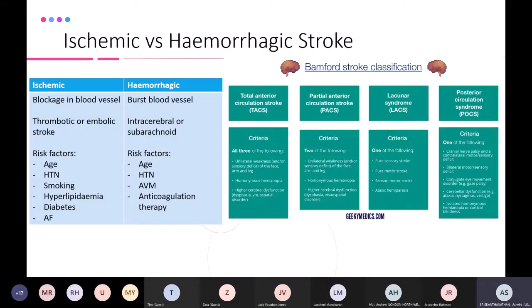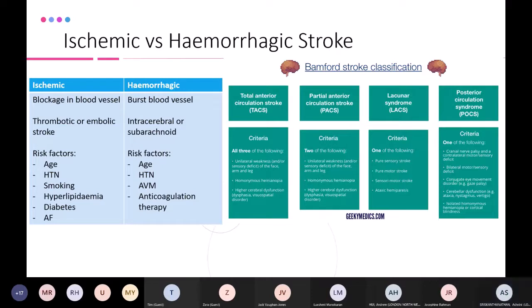And then this is the other one that you want to know, the Bamford stroke classification. The key features, especially looking at your total anterior circulation strokes and your partial anterior circulation strokes, are unilateral weakness with or without sensory deficits. And when you say anterior, you also include the MCA in that, because that's the anterior part of the brain.